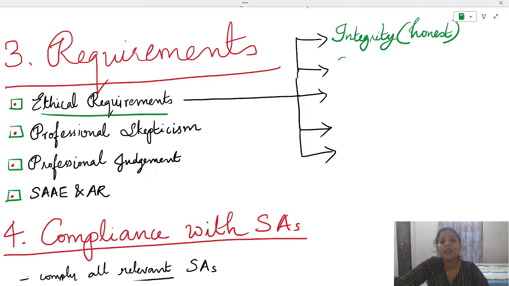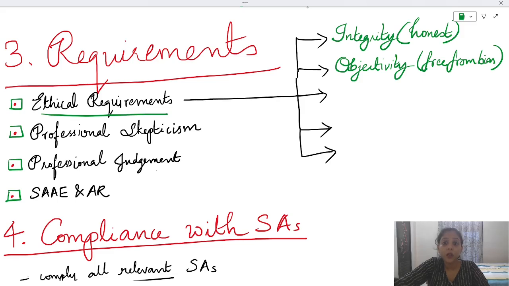Now, the next ethical requirement is objectivity. Objective means free of judgments, free from bias. If the client is giving too much money or they are giving a hike in the fees because they wanted a clean audit report from you, so they're giving more money because they wanted to influence you.